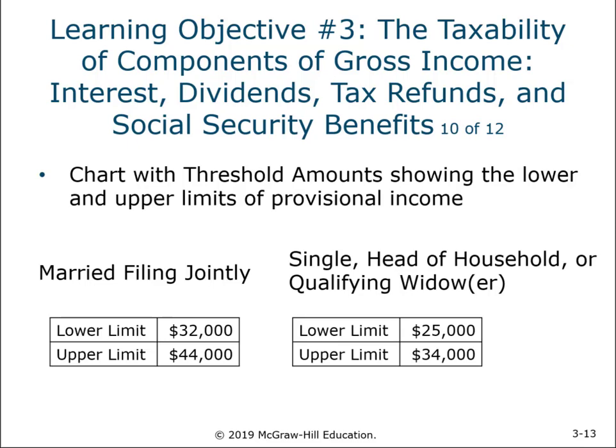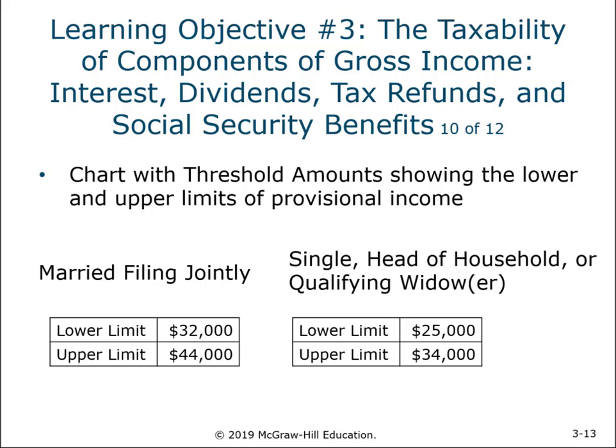So what are those thresholds? They're not very high. For married filing jointly, the first threshold is 32, the second threshold 44. If you're over 32 in provisional income, then as much as 50% of your Social Security benefits could be taxable, or the amount that you're over $32,000.